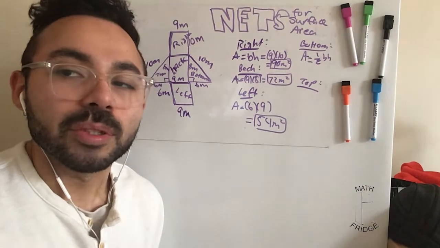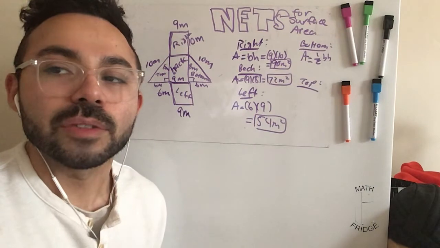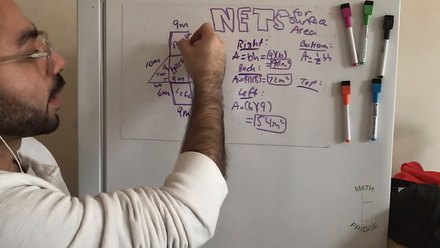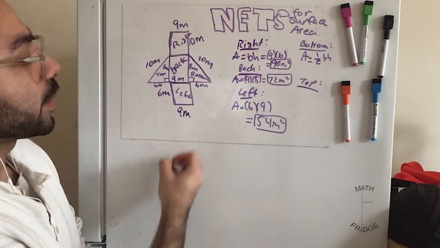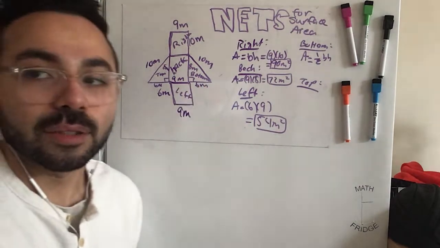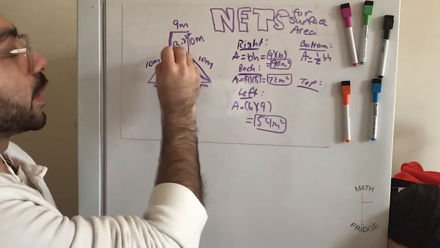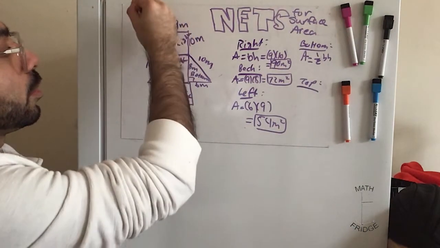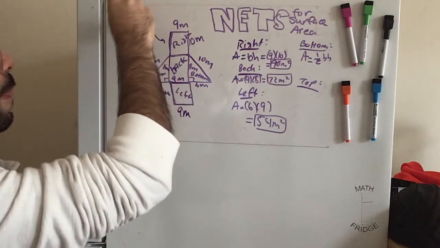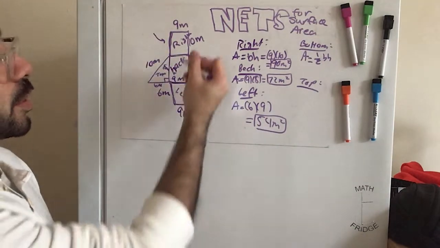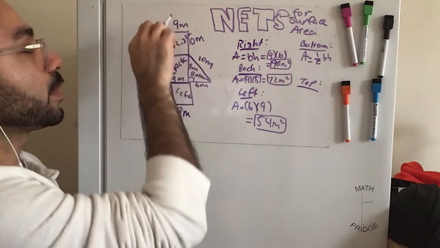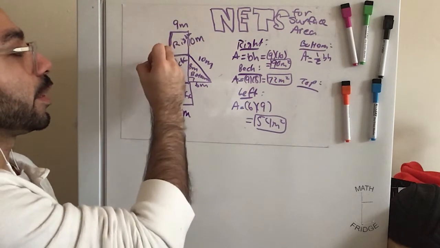Another thing I forgot to mention earlier that I want to give y'all a little shortcut for is knowing the length of this side of our right rectangle and the length of this side of this left rectangle right here. A little tip is, if we're looking at our right face right here, this length will be the same length as this 10 right here, as this hypotenuse.